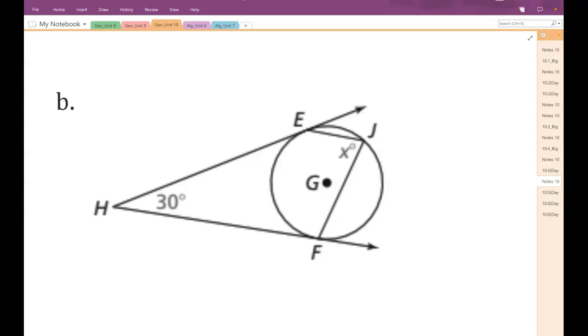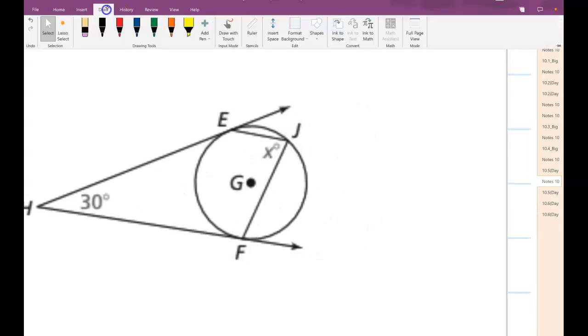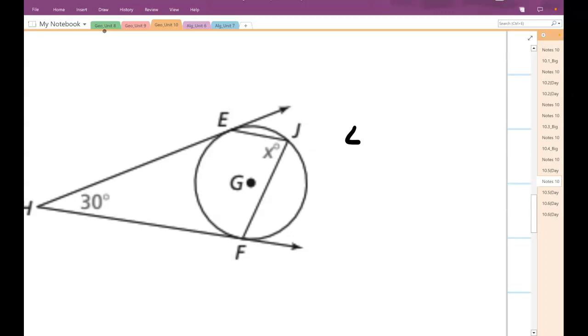Ignore the 30 degrees. We're just going to look at the inscribed angle. So we're going to look at angle EJF, which would be our x, right? That's equal to x.